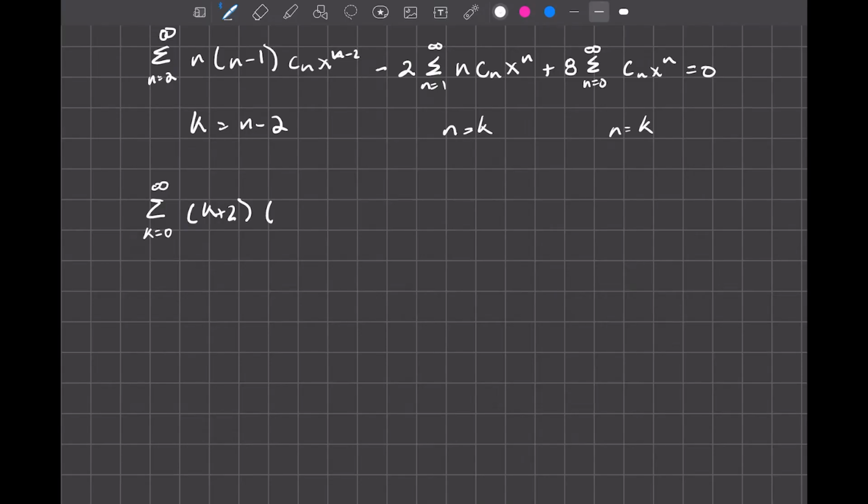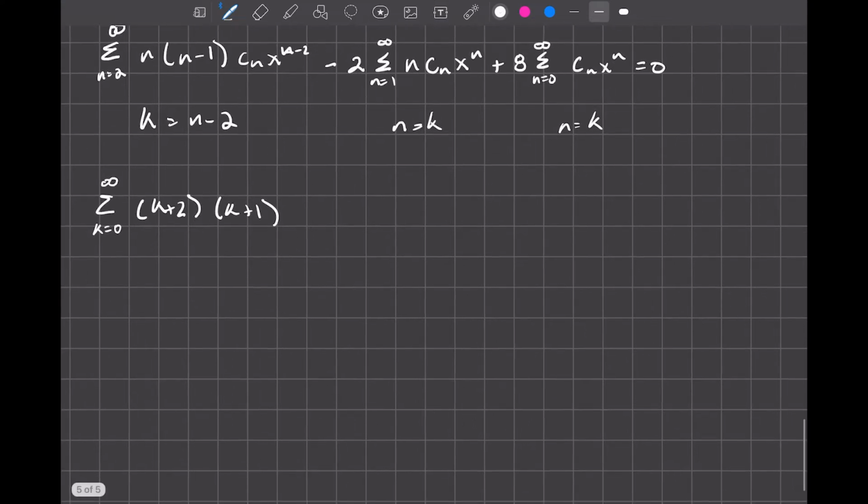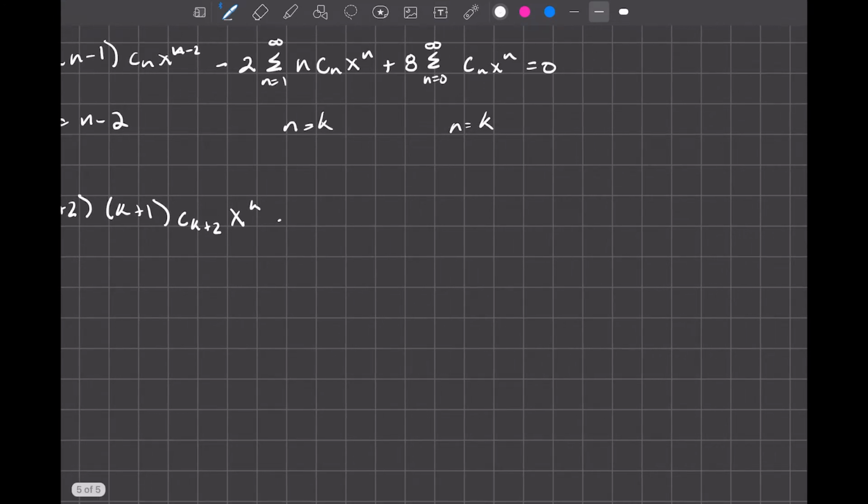So here we could just finish up and rewrite the equations with k. All the n's will be replaced with k plus 2 for the first summation, and then the second two will be exactly the same, except with n it'll be k.